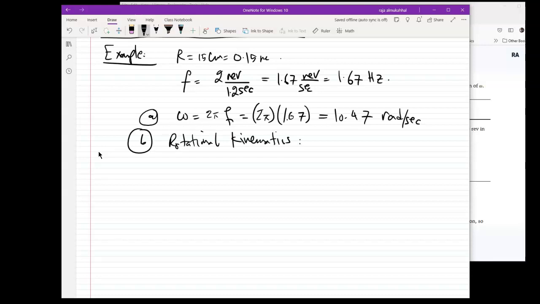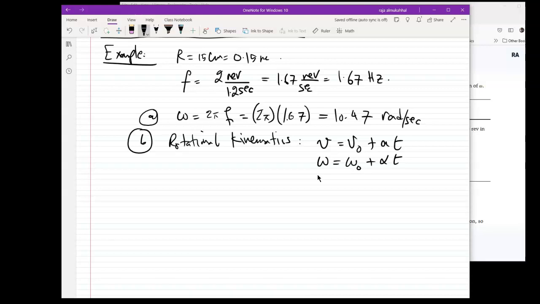Remember the kinematic equation v equals v naught plus at. If you let v be omega and a be alpha, the angular acceleration, it becomes omega equals omega naught plus alpha t.